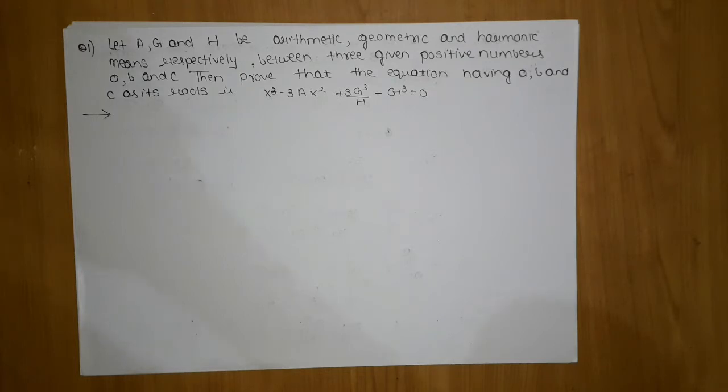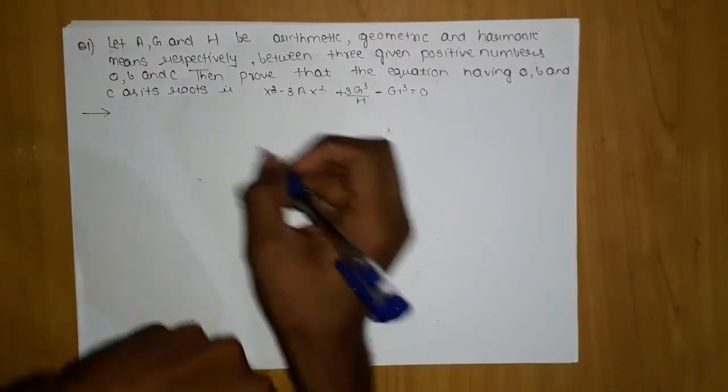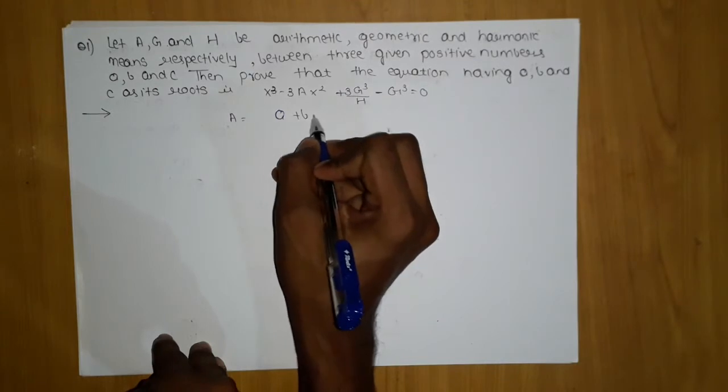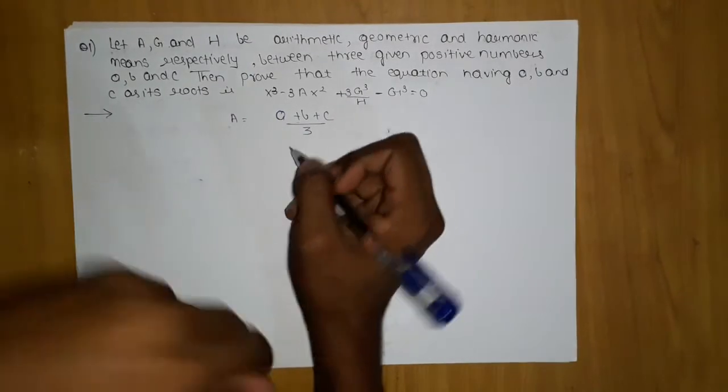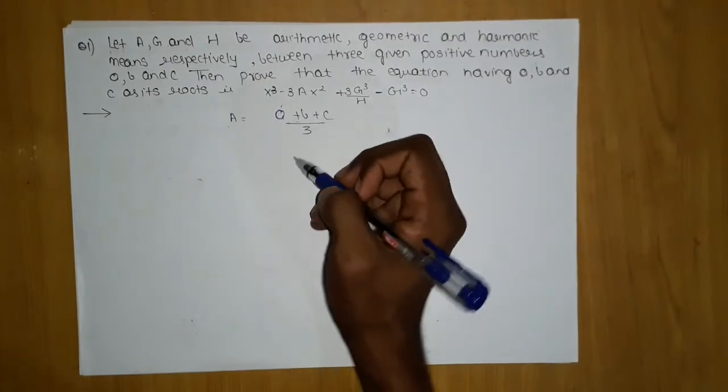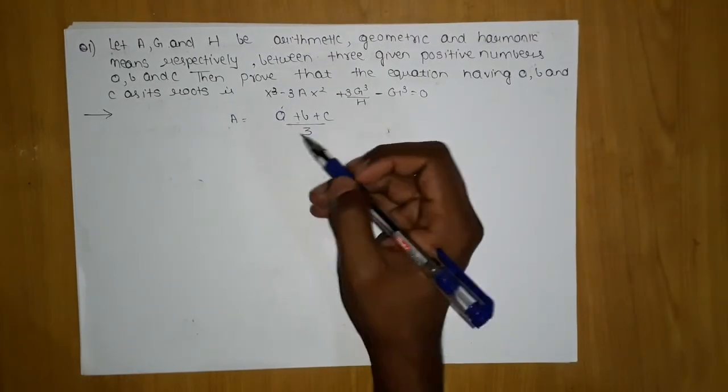So what we can do: arithmetic mean is the total, a plus b plus c, by 3. And here since three numbers are there, the subscript will give n plus 1. So that is the main thing.